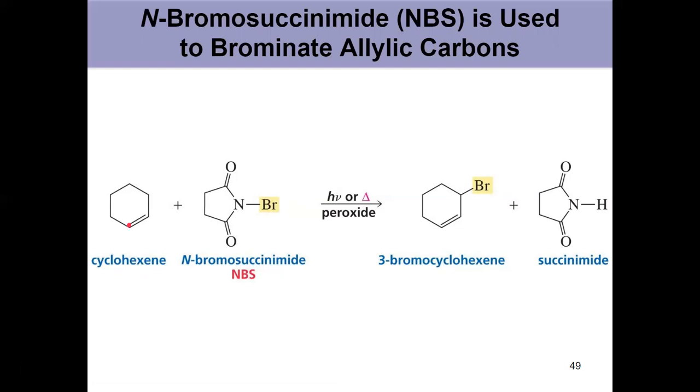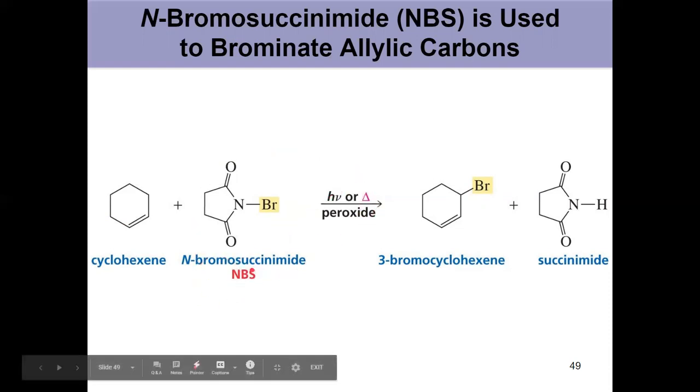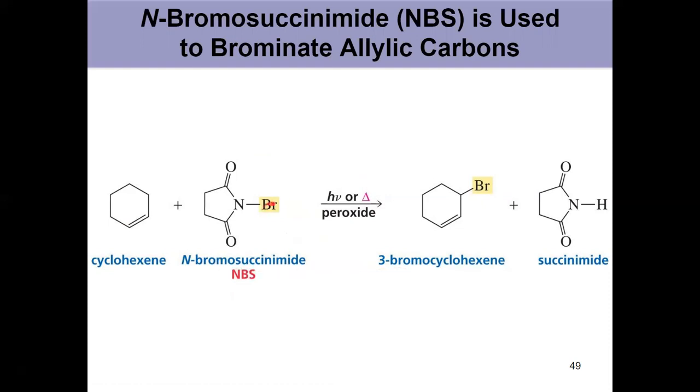So if we're trying to brominate in the allyl position specifically, right here or here, these are identical allyl carbons, thinking about it in 3D, we use NBS with light or heat and peroxide. So know that combination. Have NBS jotted down, recognize it. It dishes the bromine from NBS, puts it in the allyl position, and you get succinimide as a byproduct.